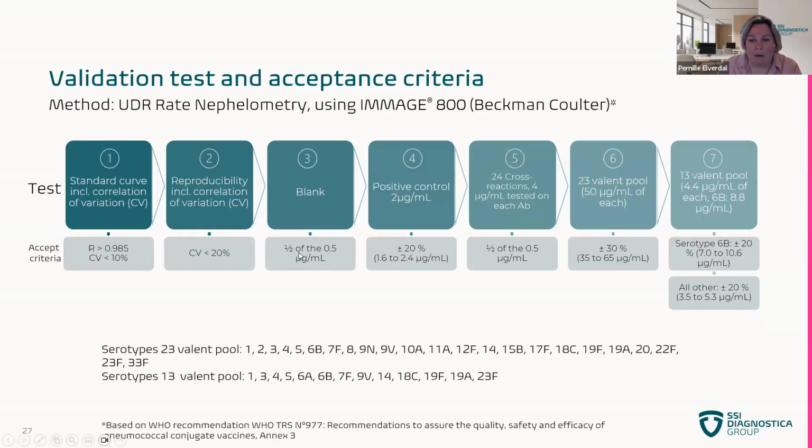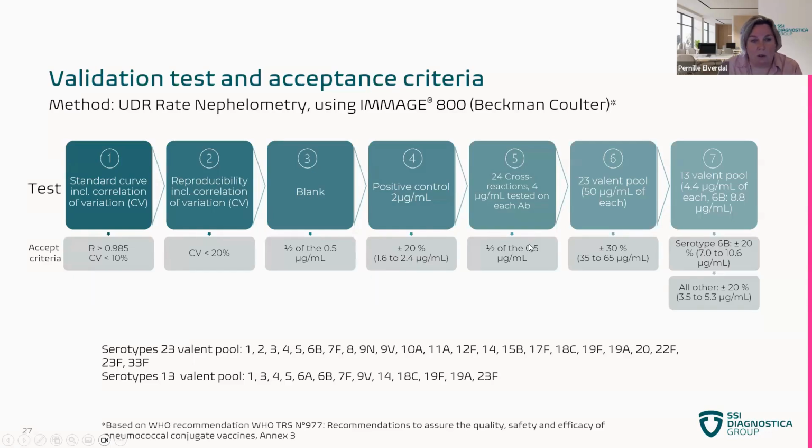So we were saying that the blank had to be below half of the 0.5 microgram per ml reading on the standard curve. We ran a positive control of 2 microgram per ml, and it could have a variation of 20%.